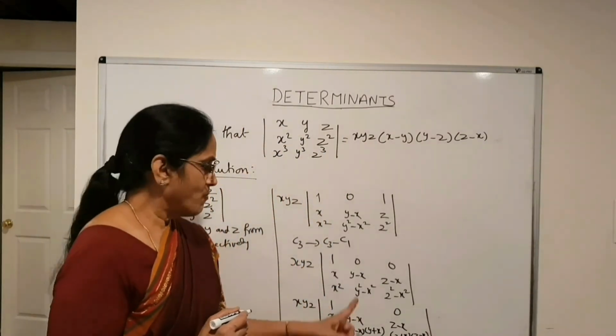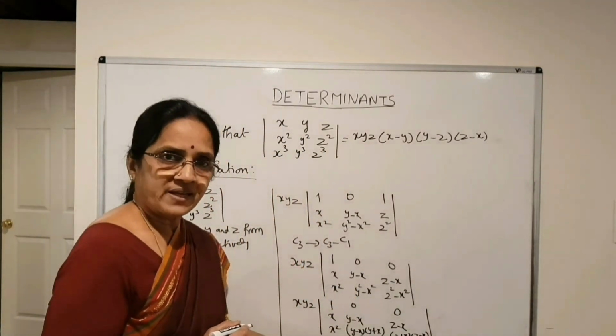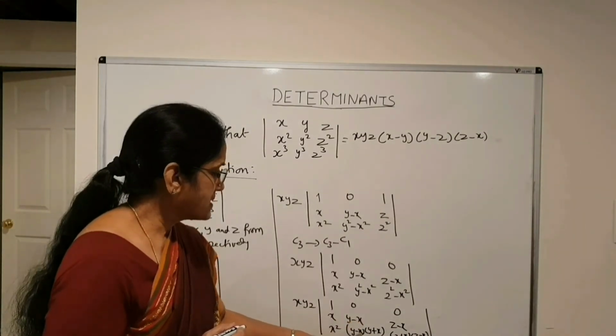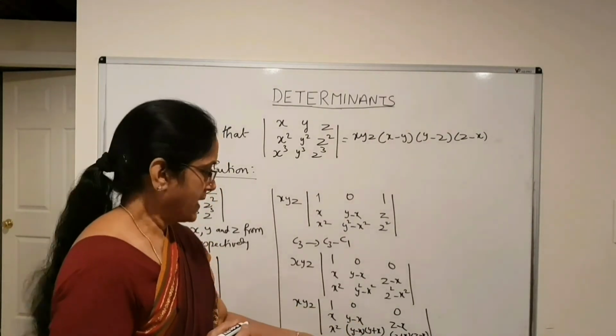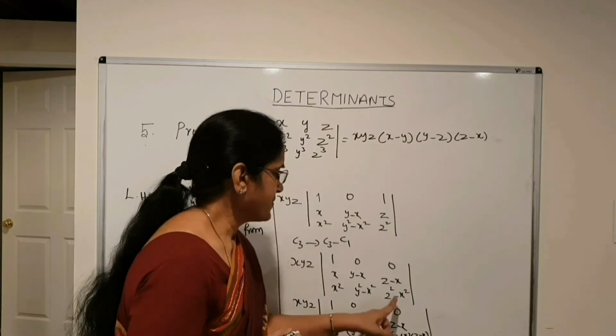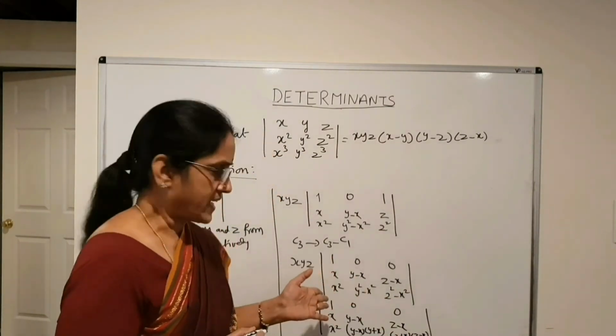Now by looking at the determinant, I can take out y minus x from C2 and z minus x from C3. Easily I can take it out.